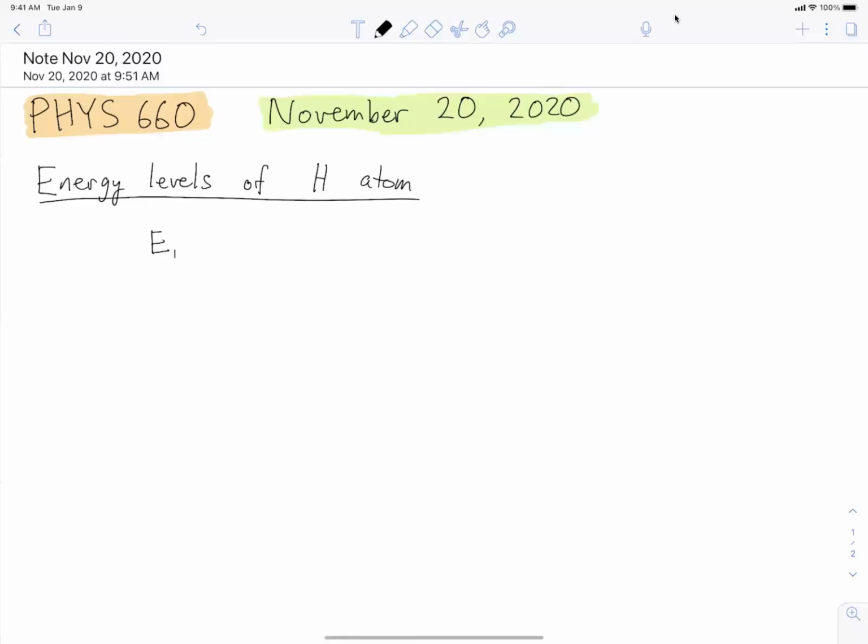They depend only on the principal quantum number, which is a positive integer. There's a minus sign times e squared over 2a0, and then there's a 1 over n squared.